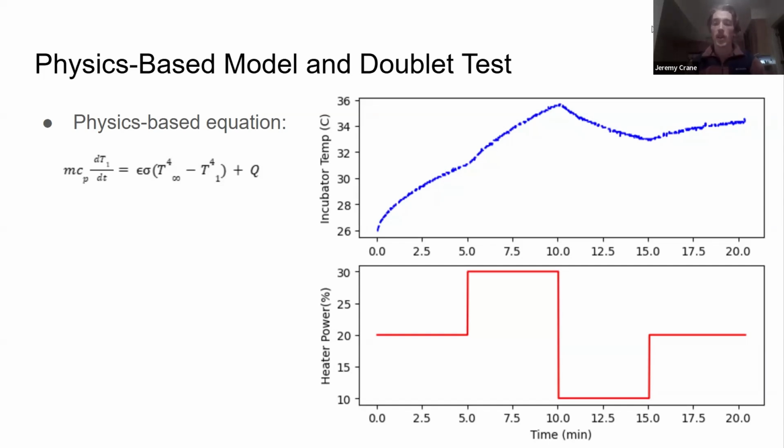As the heater is on and the heat is increased, the slope of the temperature line is higher than when it drops back down. That shows that there's faster heat transfer from the heater than the heat transfer from radiation to cool the incubator on the slide.